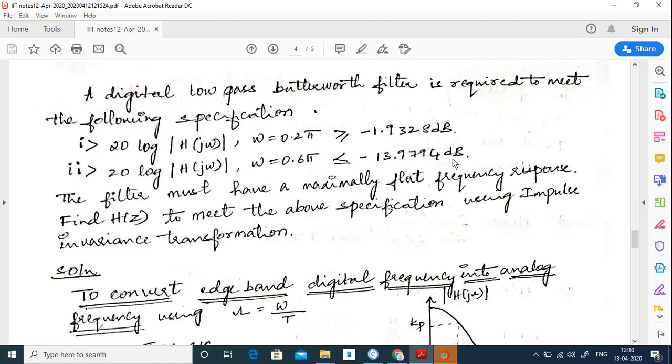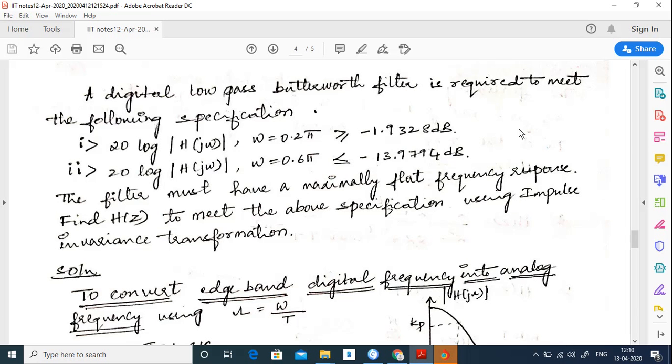The point here is, do we know the formulas wherein we can obtain h of z directly based on this particular specification? No. How to solve this problem then? First step is understand the specification, write that in the form of magnitude frequency response.